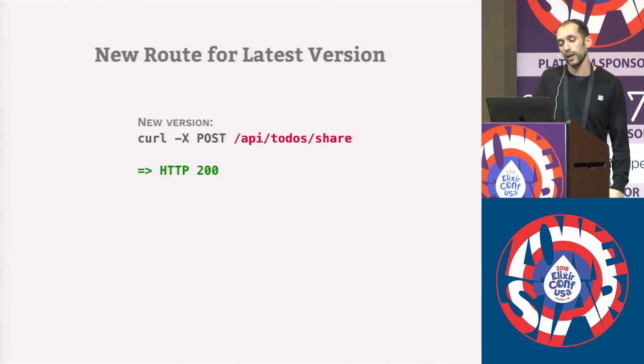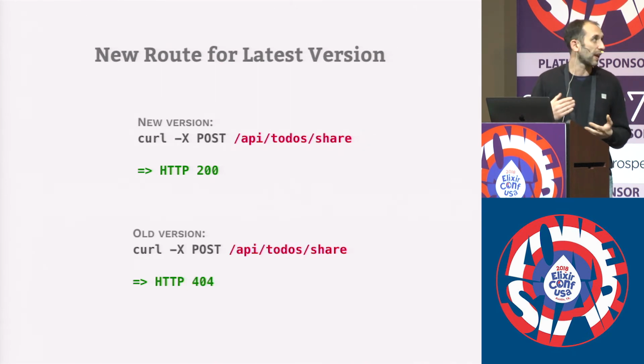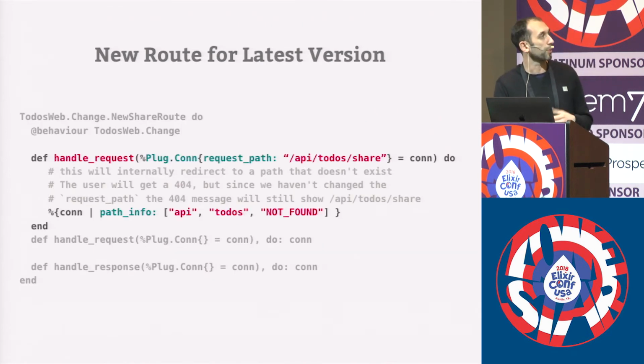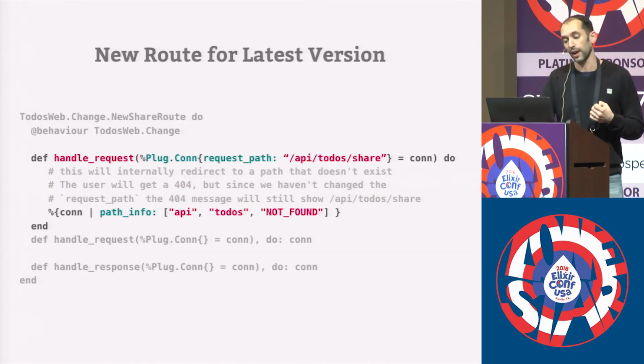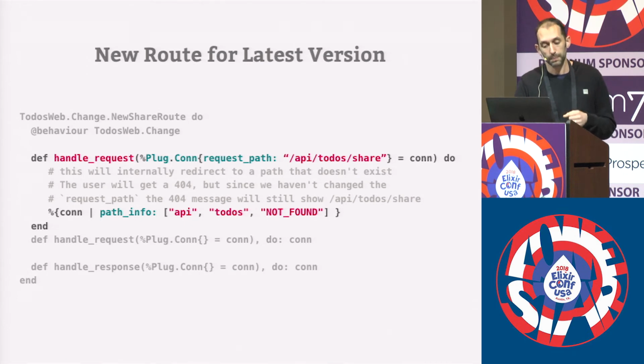Let's say we want to create a new route only for newer versions. Maybe it's a beta feature that we don't want to release to all clients yet. So we have an endpoint that we want some users to be able to hit, but other users should get a 404. We can do something similar to what we did with the previous change. So this time, we're pattern matching on that route.